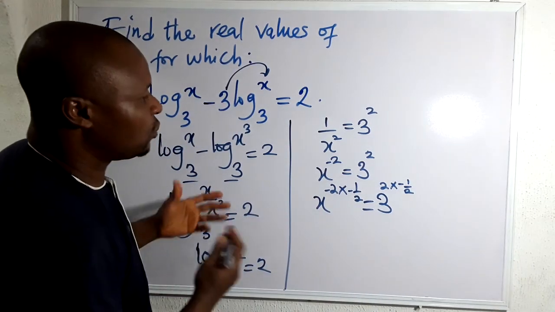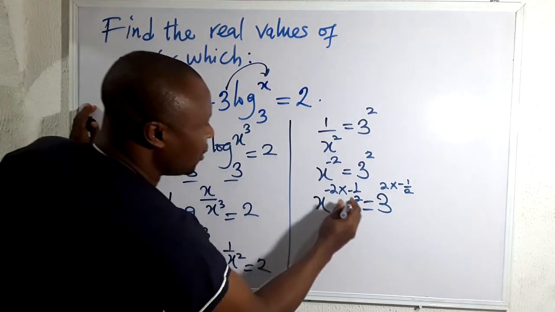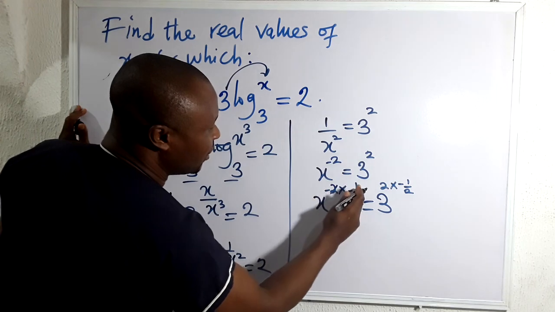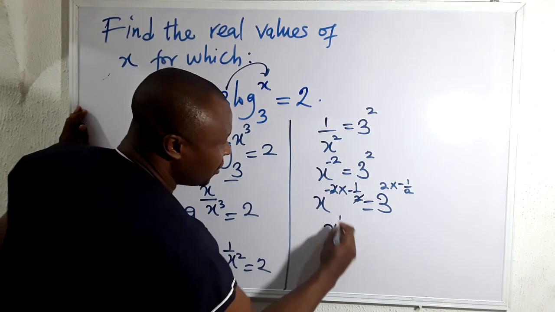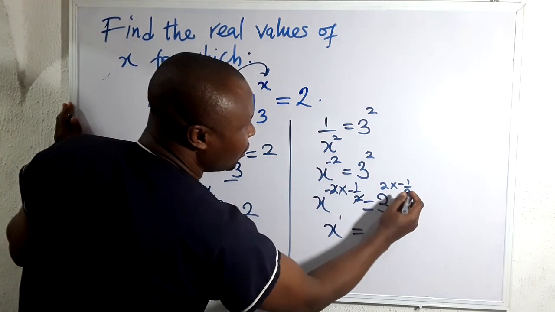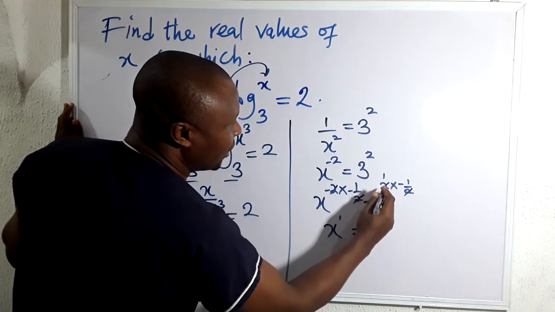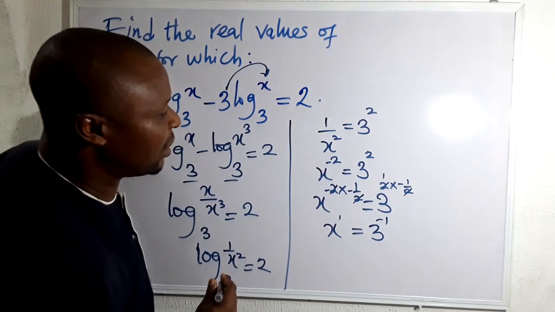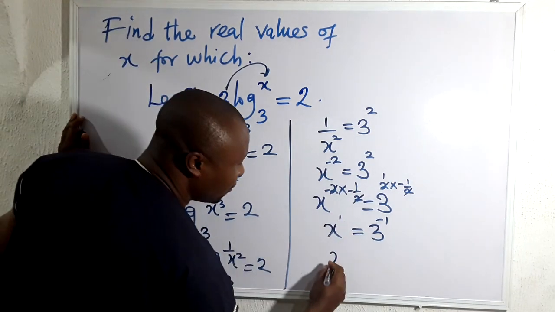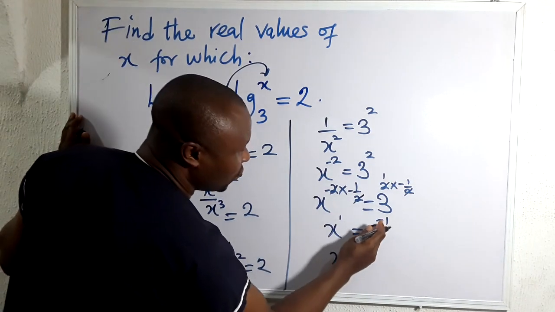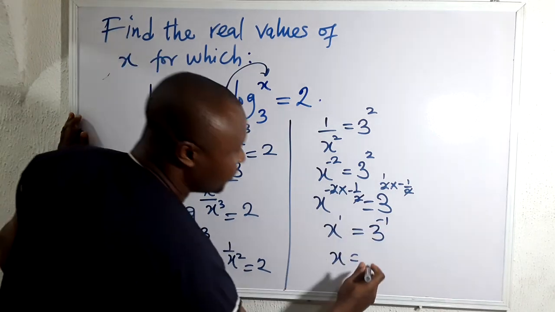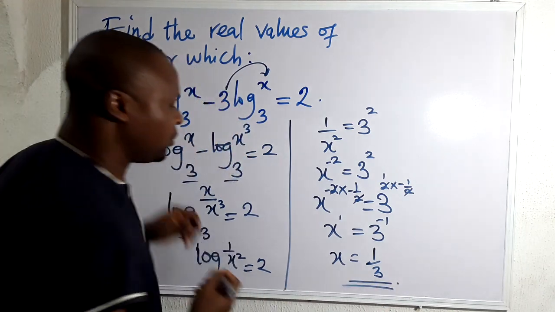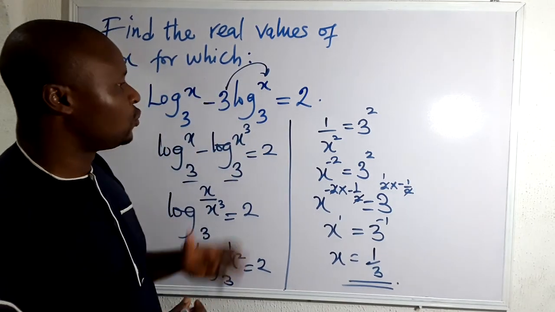What that will give us is x raised to power 1, which is just x, is equal to 3 raised to power minus 1, since 2 times minus 1 over 2 is minus 1. Negative power inverts the base, so this will give us 1 over 3. So that's pretty much the solution to this.